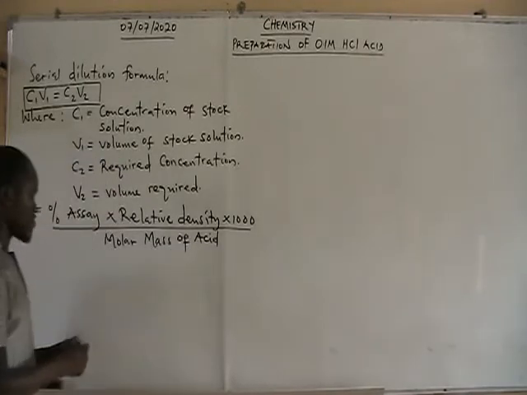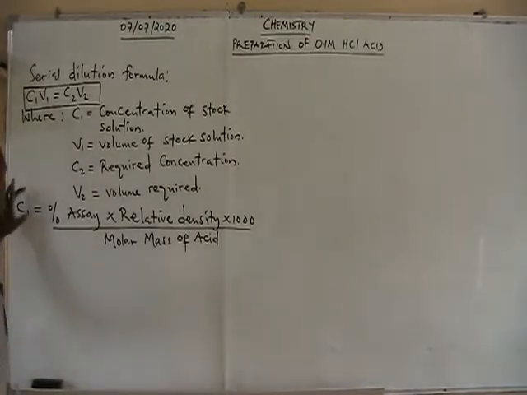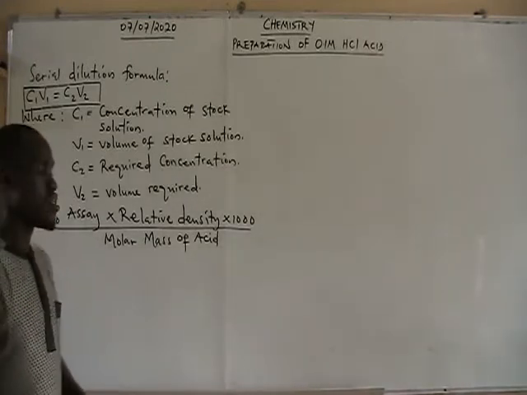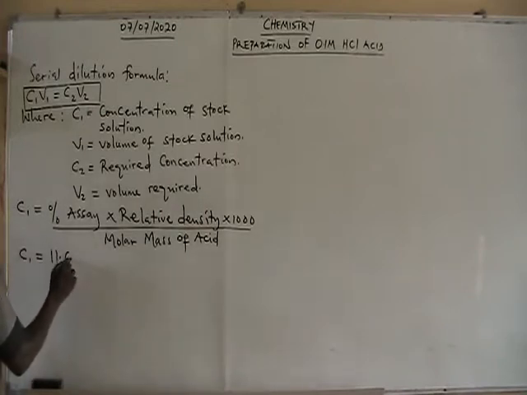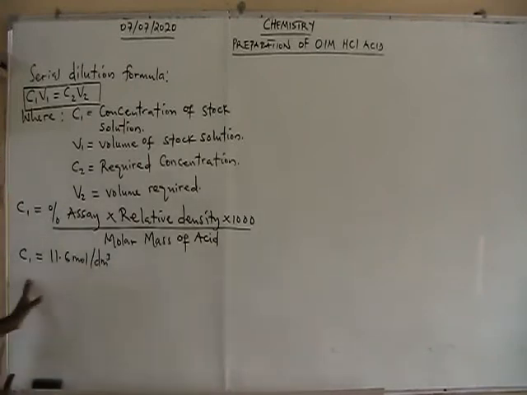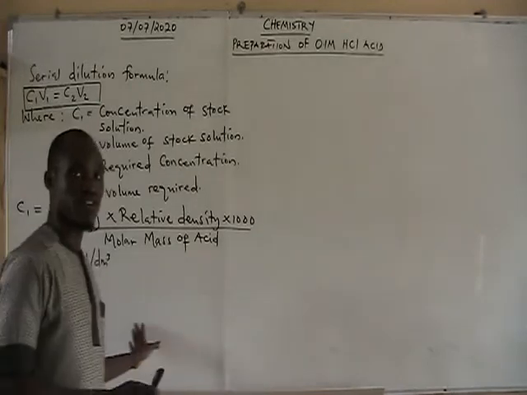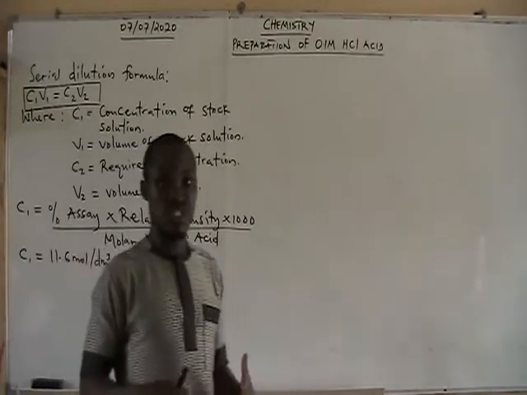This is the formula we can use to calculate C1, the initial concentration of the stock. By calculation, C1 is equal to 11.6 mole per dm cube. That is the concentration of the stock solution of hydrochloric acid I am presently using in this lab.